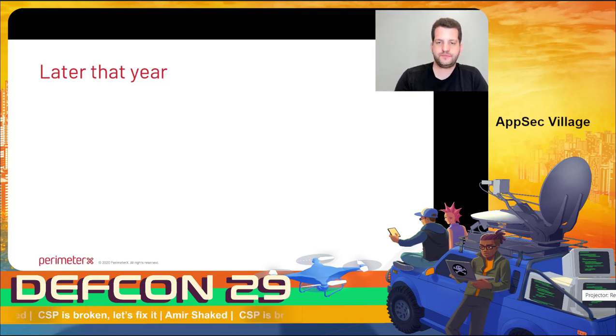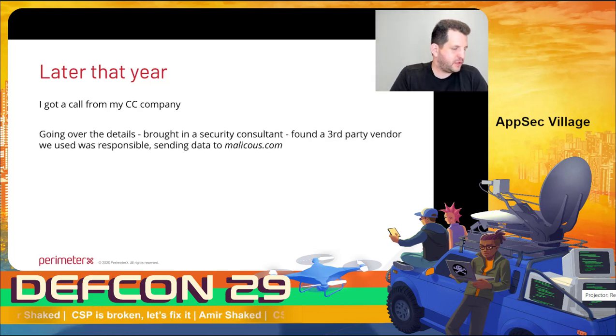They got a call from the credit card company telling them that a lot of credit cards were stolen via their website. Working with them, trying to analyze the details, they brought in a security consultant.